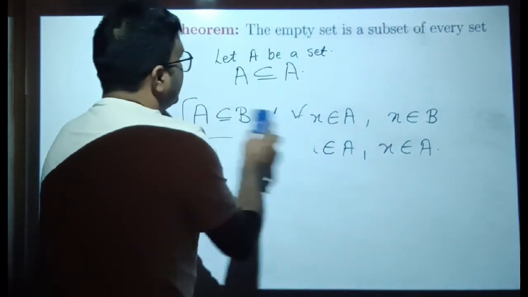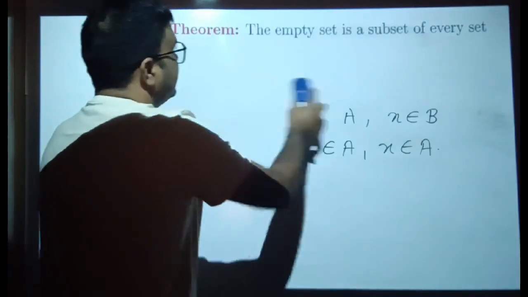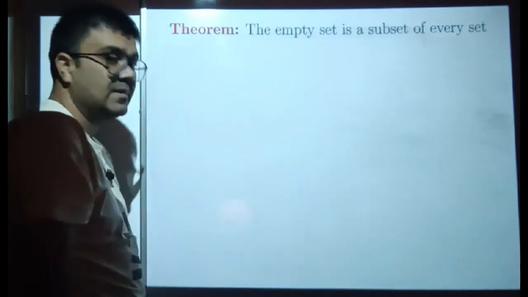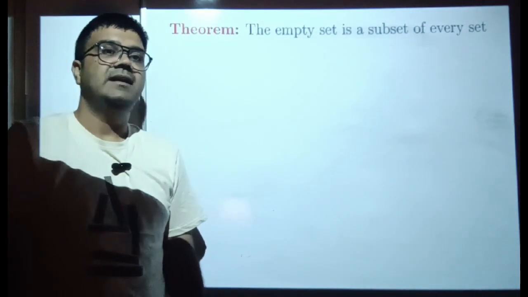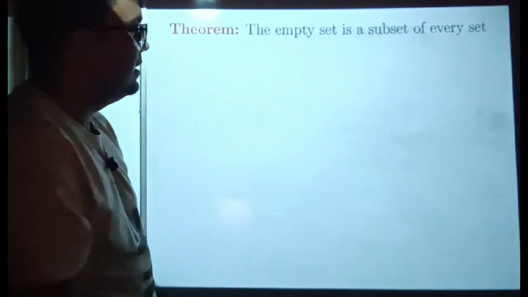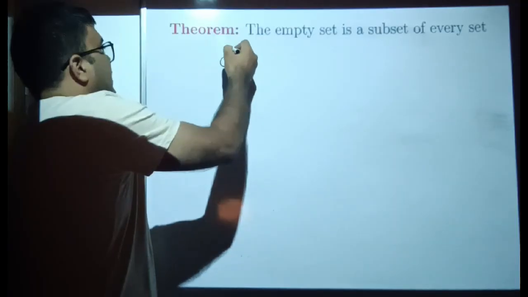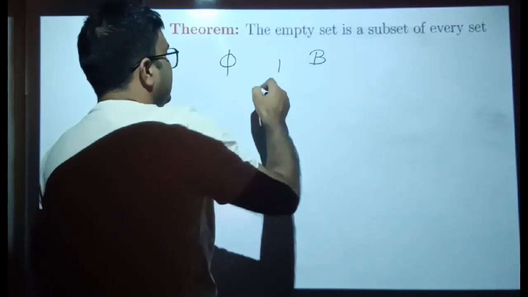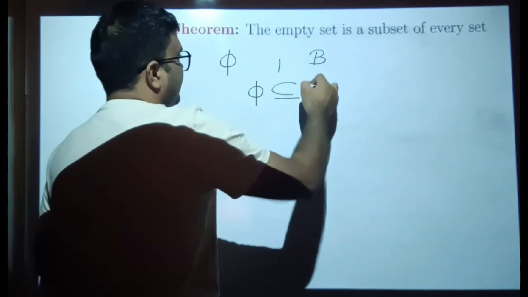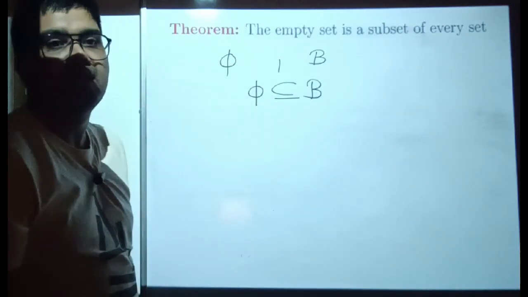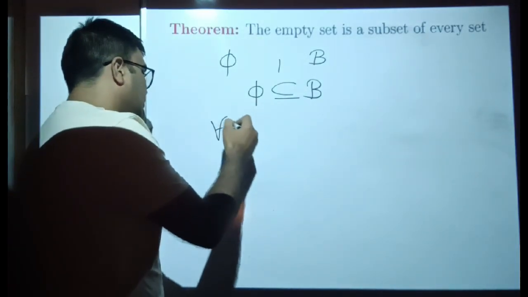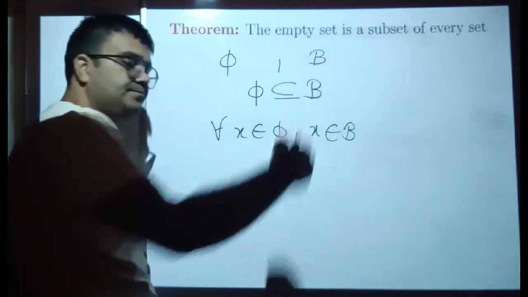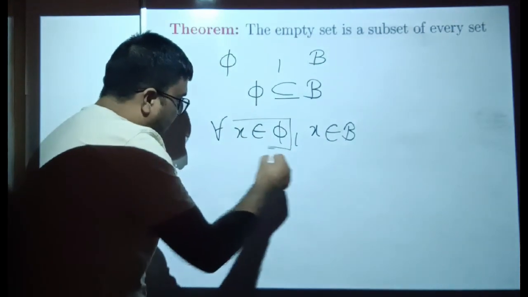Next is the empty set is a subset of every set. Next thing we have is the empty set is a subset of every set. So the empty set, phi, we are proving that for a set B, phi is a subset of B. To prove this statement, we have to prove for all x belongs to phi, x belongs to B. If I am talking about x belongs to phi, is there any element?